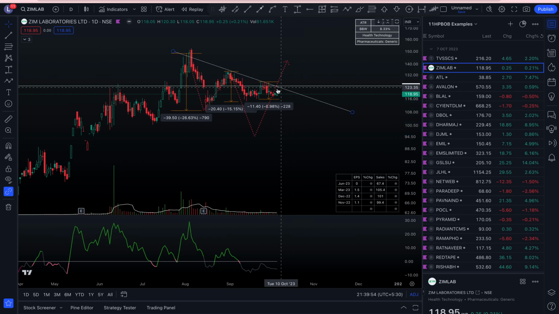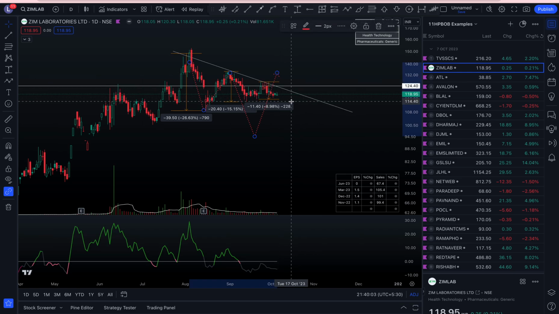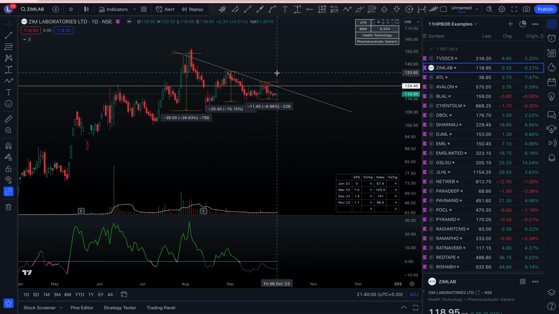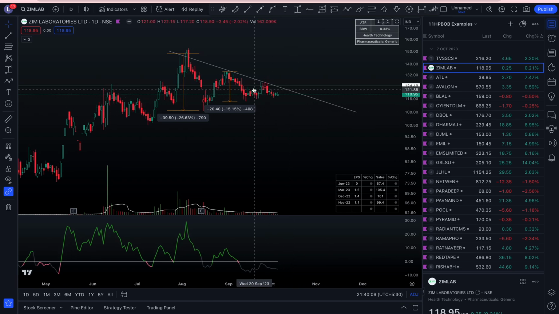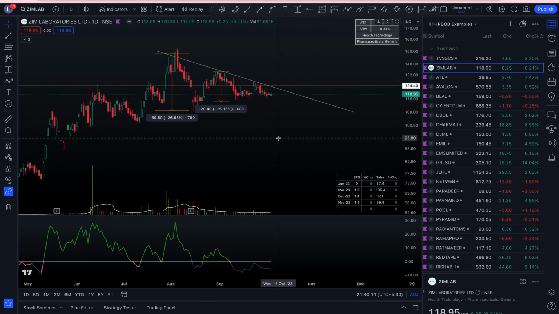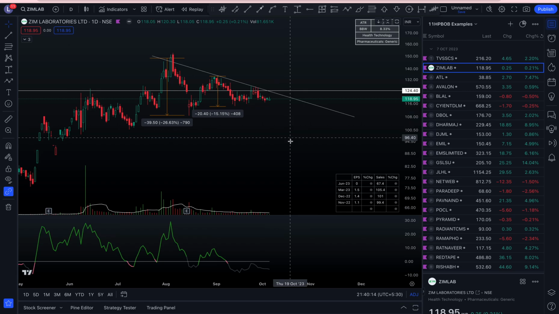And if this guy is breaking out, we have the low which is lower than the previous high. In that case, the probability that it'll come back, make a higher low, and then break out is higher. Whereas in cases like this, where you already have a higher low, the trend reversal probability is more, right?